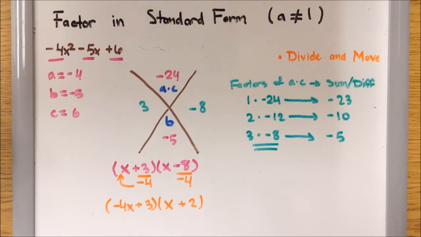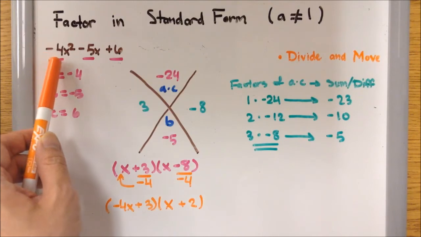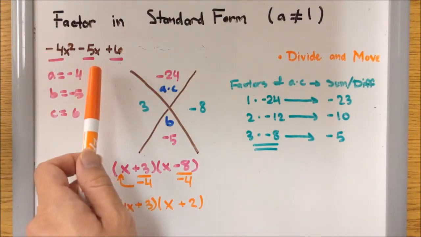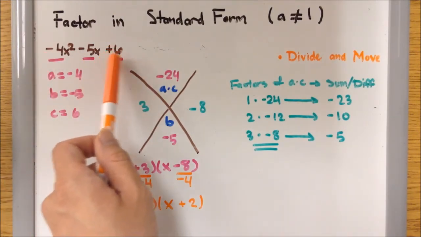Now notice how I kept the original positive 3 the same, and our denominator was negative 4, so I kept it as negative 4 and moved it in front of x, which is why we have negative 4x plus 3. And then when you FOIL these two factors, it will match up with negative 4x squared, and it will still keep positive 6 the same.